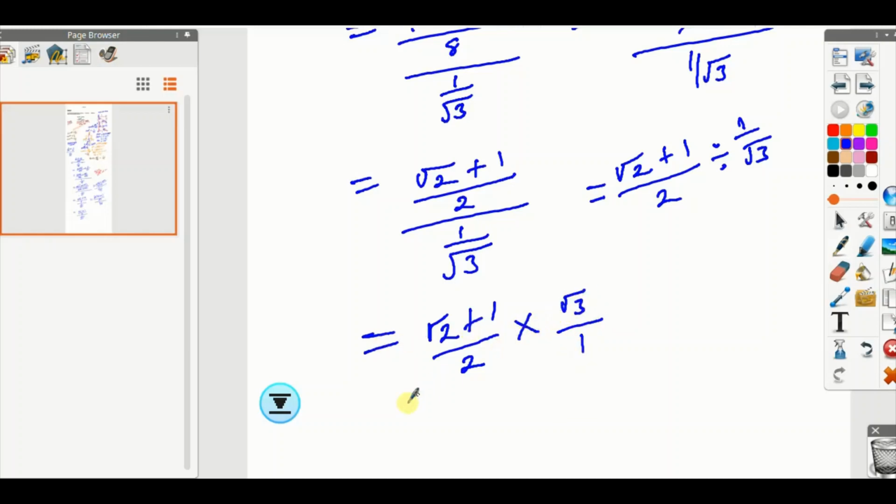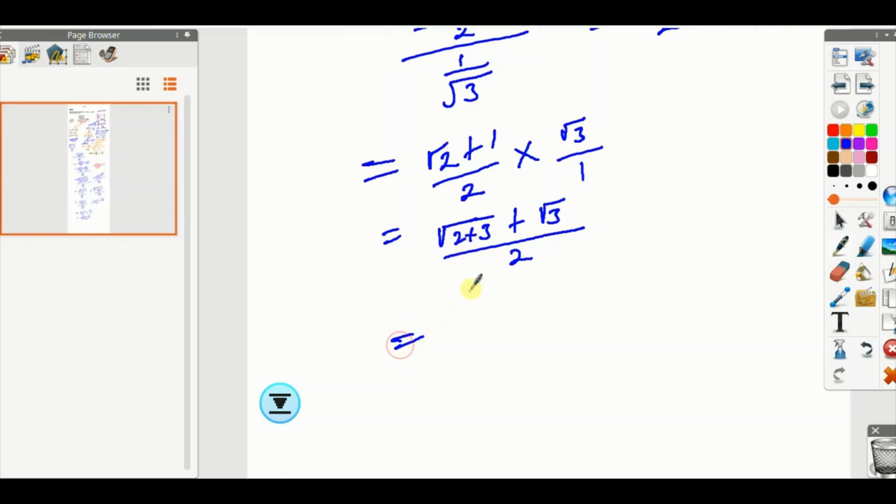So let's multiply this together. We now have square root of 2 times square root of 3, for easy understanding, the square root of 2 times 3, plus root 3, everything over 2, right? So from here, square root of 2 times 3 is 6, plus root 3, over 2. This is the answer in short form.